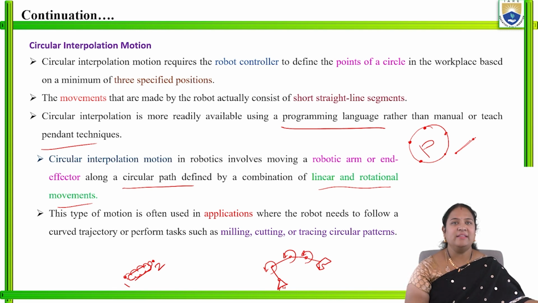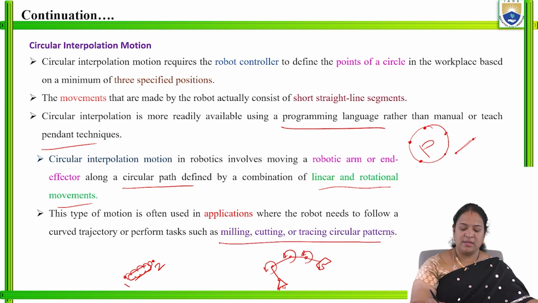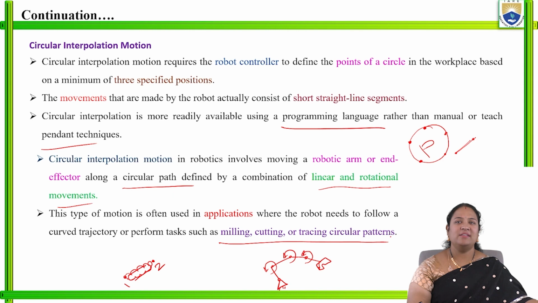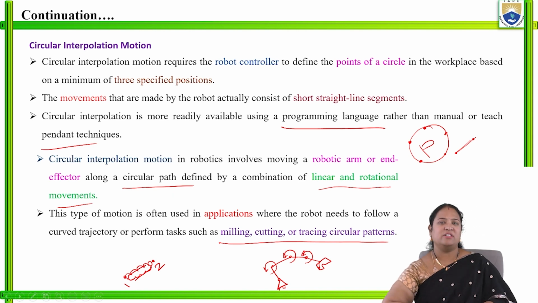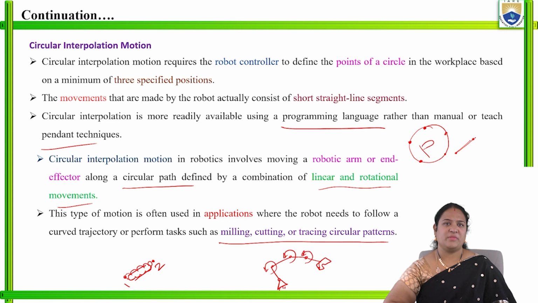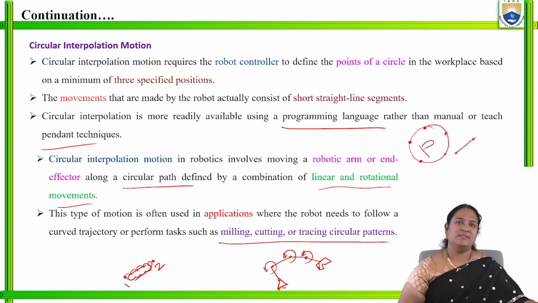The best applications for the circular interpolation motion are milling, cutting, or tracing circular patterns, in order to follow a curved trajectory or to perform a task in a circular direction. So this is known as the circular interpolation motion.